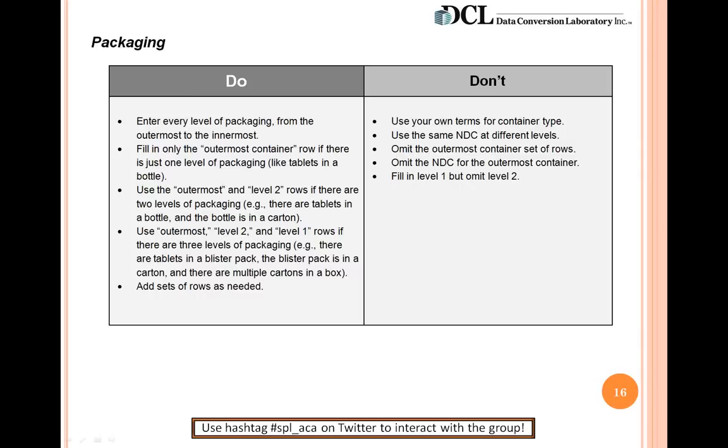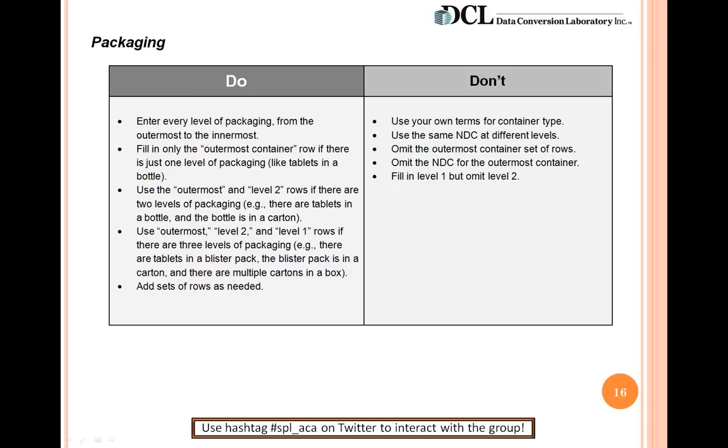Don't use your own terms for container type. Don't use the same NDC at different levels. You have to use the terms for container type used by the FDA, and you can only have one. An NDC has to be unique for the label.